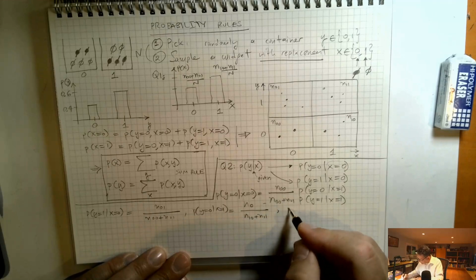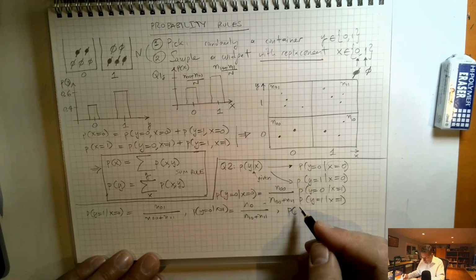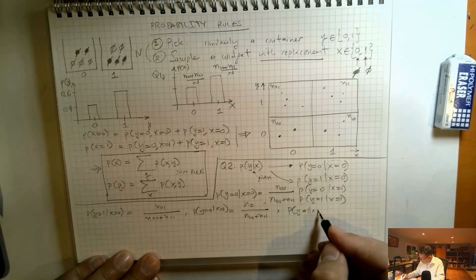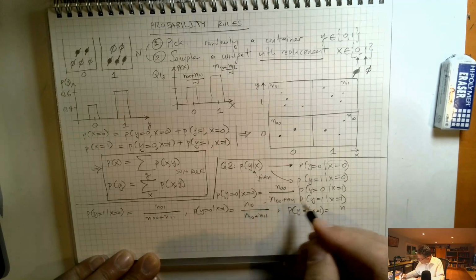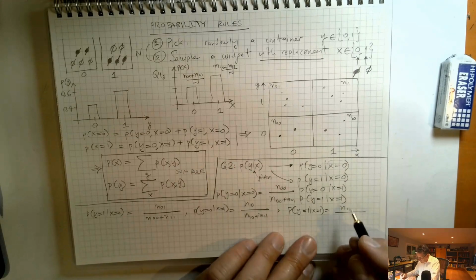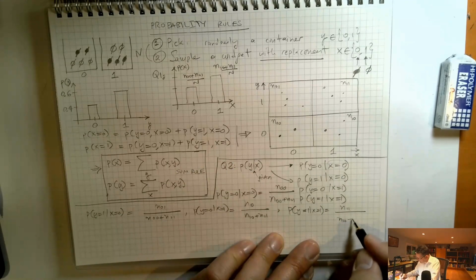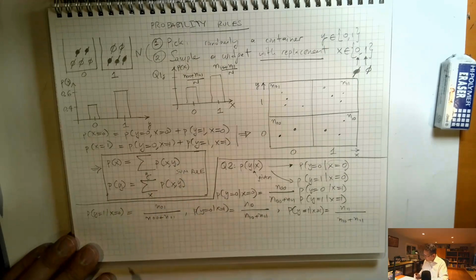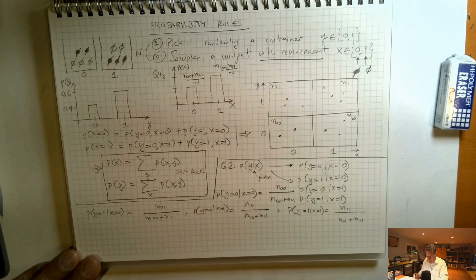And finally, P of Y is equal to 1 given X is equal to 1 is N11 divided by N10 plus N11.